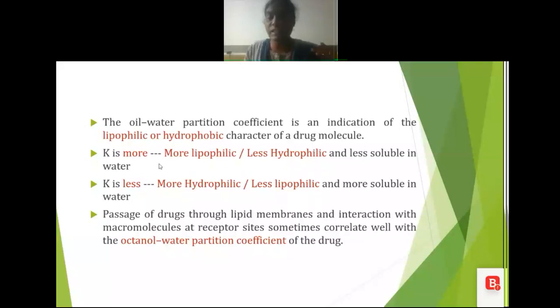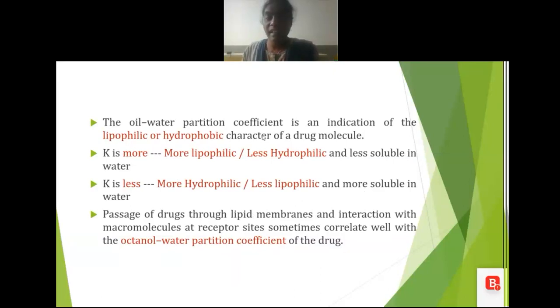If the K value is more, it indicates the substance is more lipophilic in nature: more lipophilic, less hydrophilic, and less soluble in water. If K, the partition coefficient, is less, it indicates more hydrophilic, less lipophilic, and more soluble in water.